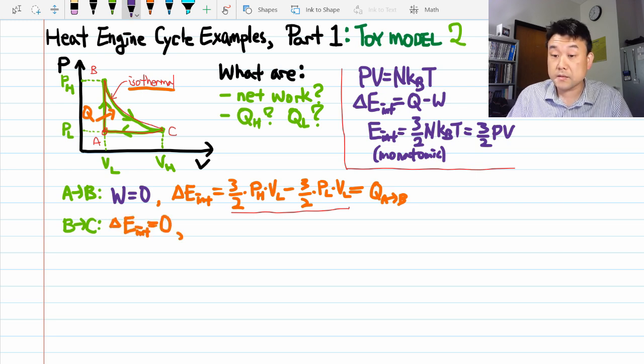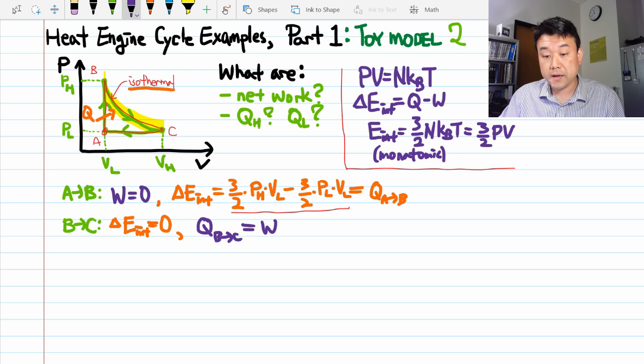So that means from the first law of thermodynamics, we can say the heat transfer from B to C is equal to the work done. Now, it's not that easy. There's a bit of a problem we have to work out here, in that the pressure changes throughout this process.